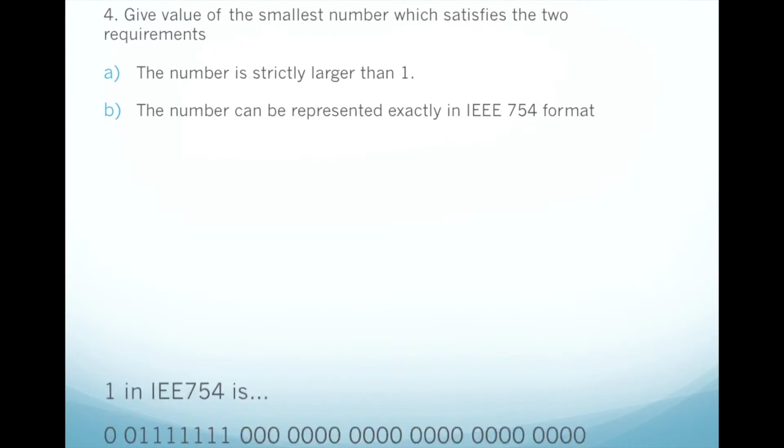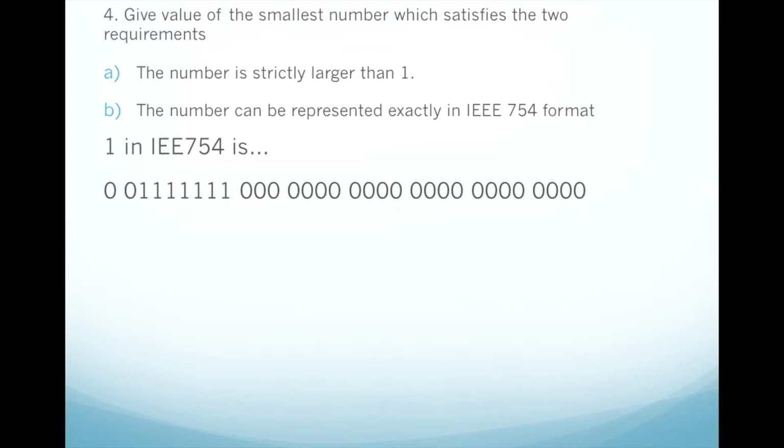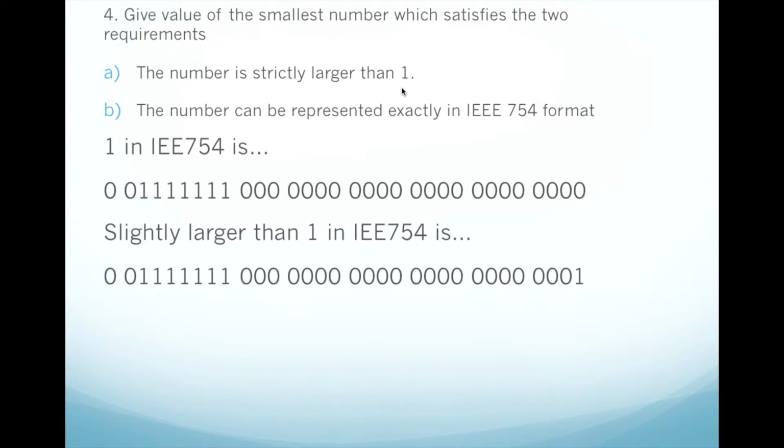So 1 in IEEE 754 is this, right? If you want a number strictly larger than 1, the only difference is you're going to have this 1 at the end. So this is pretty much going to be 1 with just a little small number added to it.